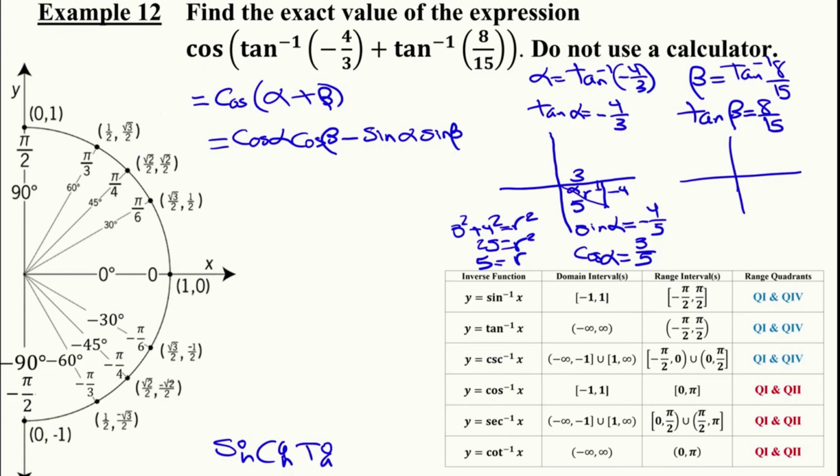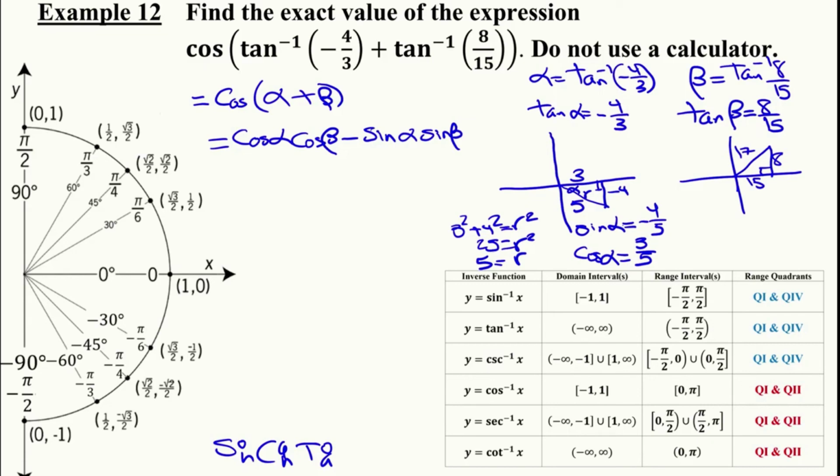So 8/15, opposite over adjacent. You may recognize that. That's another famous triple, 8, 15, 17.